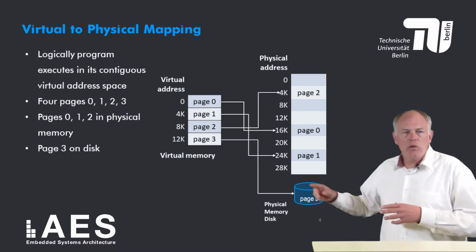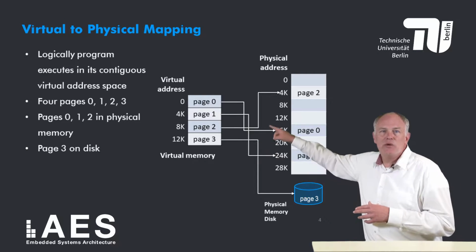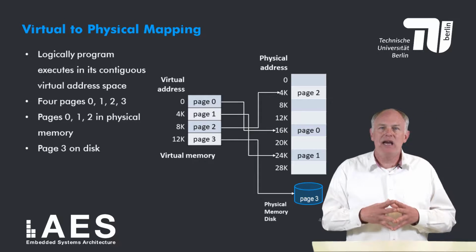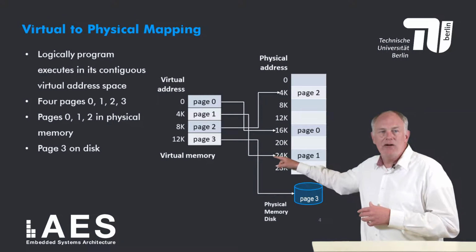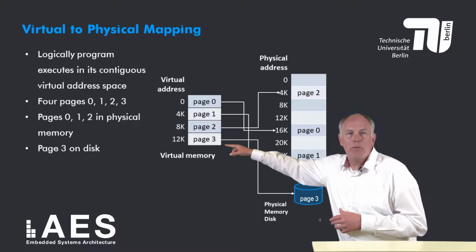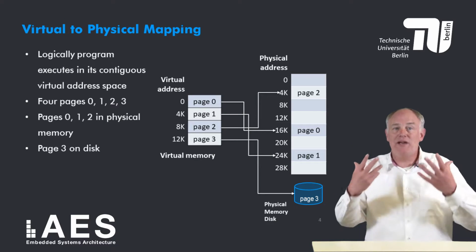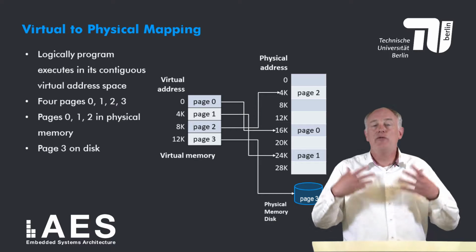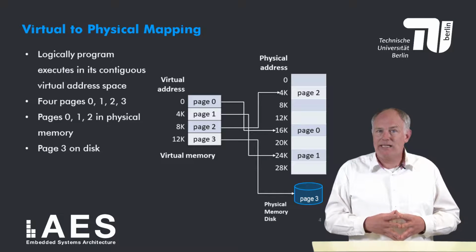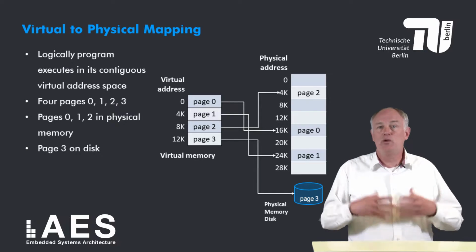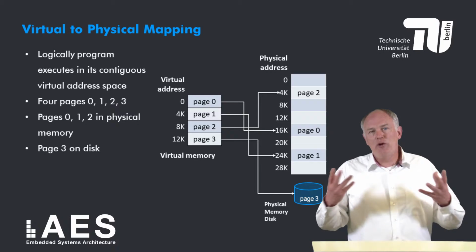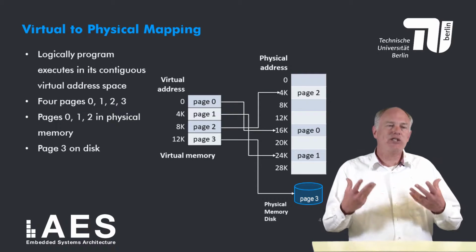Physical memory, shown in the middle, is also divided into fixed size pages, and the mapping illustrated here indicates that virtual page 0 is mapped onto physical memory page 4, virtual page 1 to physical page 6, and virtual page 2 to physical page 1. Virtual page 3, on the other hand, is stored on disk.